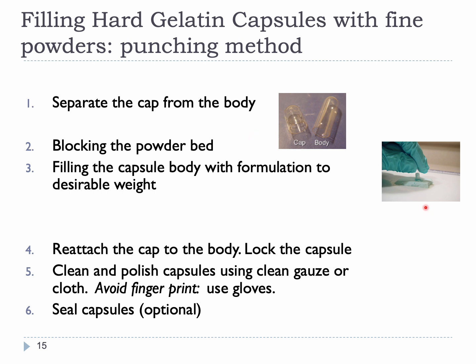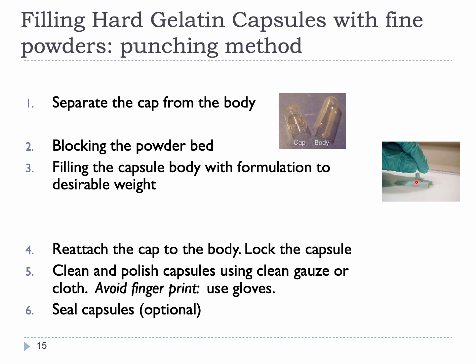Then on an ointment slab or ointment towel, you mix the mixture and then form the powder bed like this. And then you punch. You take the body and punch it into the powder until you fill the body with the desirable weight.